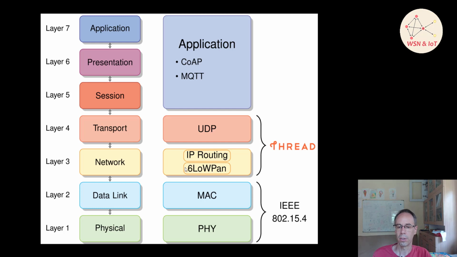So it supports 6LoWPAN, IP routing, and UDP, so the communication. And on top, OpenThread also implements, for example, CoAP, where we can communicate or exchange data. The lower part is for direct wireless communication without any routing, and Thread adds to this mostly the routing part.